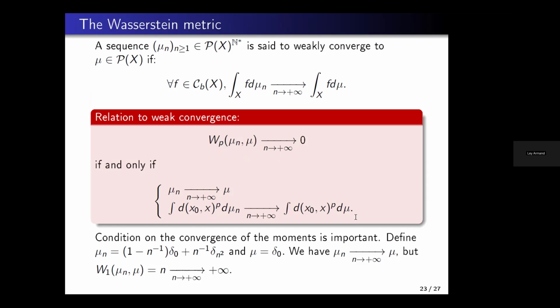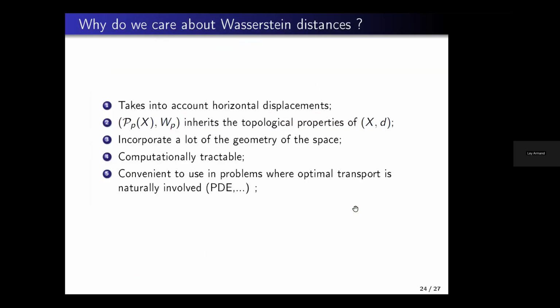This moment condition is quite important because you can find counterexamples where you have weak convergence but not convergence of the moments. I will not insist on that, but for example, if the space X is compact, it's completely equivalent to weak convergence. So convergence in Wasserstein space and weak convergence are almost equivalent, at least from a topological point of view.